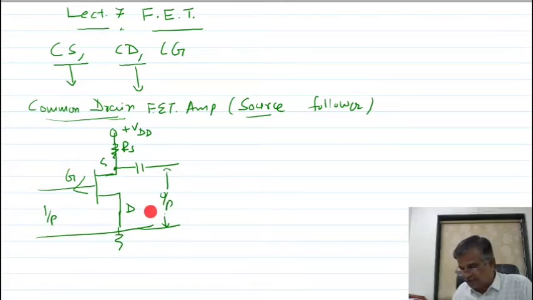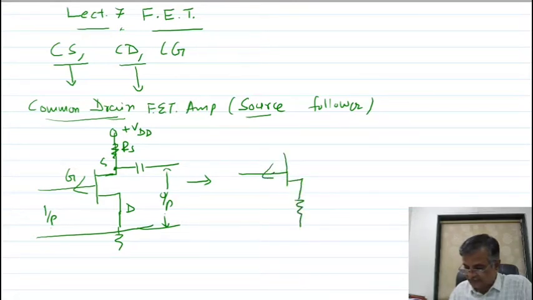So the same circuit I am drawing in another way. See, same circuit. Generally you can find such a circuit in this shape. I am showing you the way they generally show it. This is called source. This is your drain.